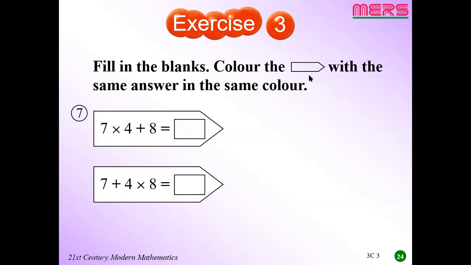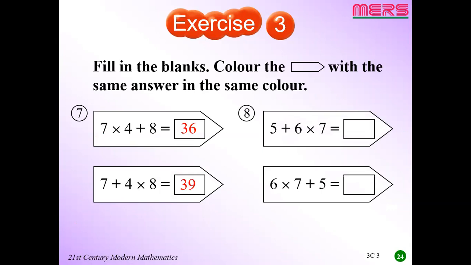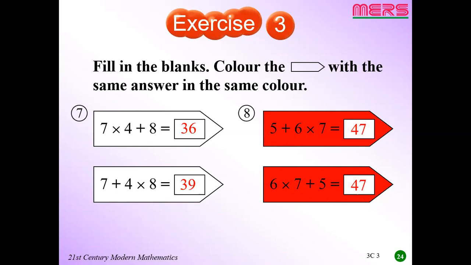Color the arrows with the same answer in the same color. So for question number 7, what's your answer? 36 and 39. Question number 8. The answer will be the same, 47. So question number 8 should be colored in the same one.